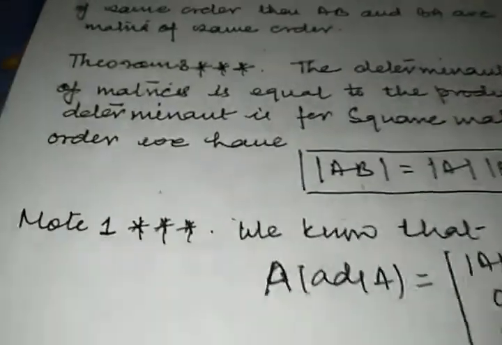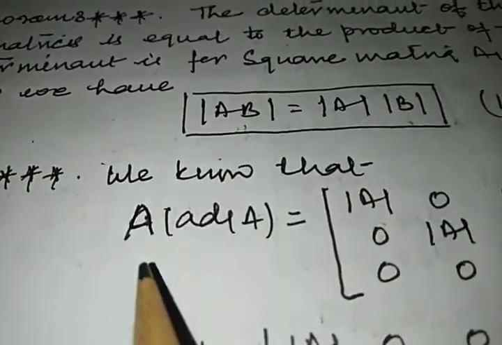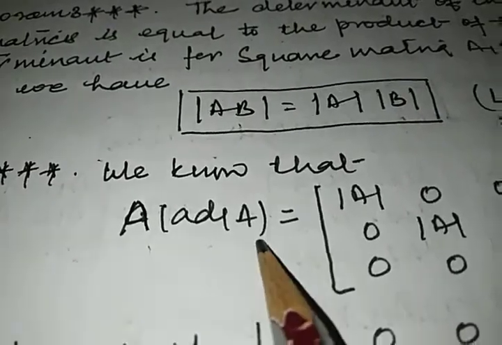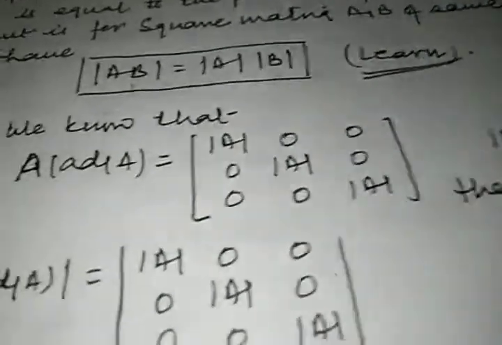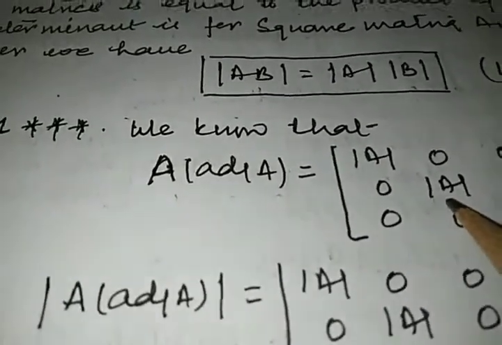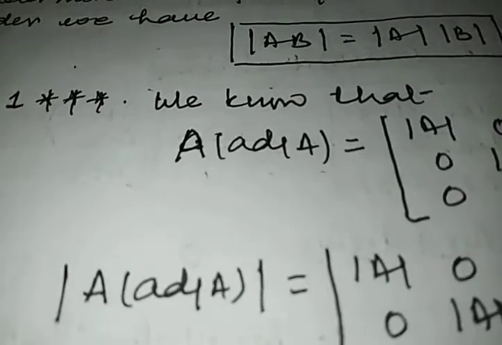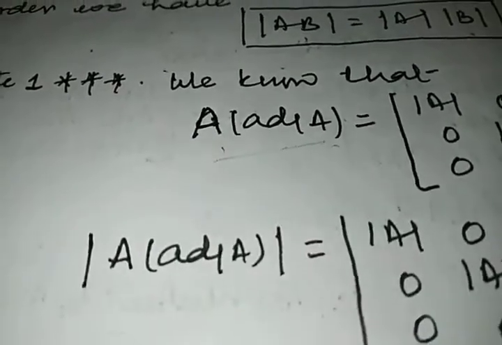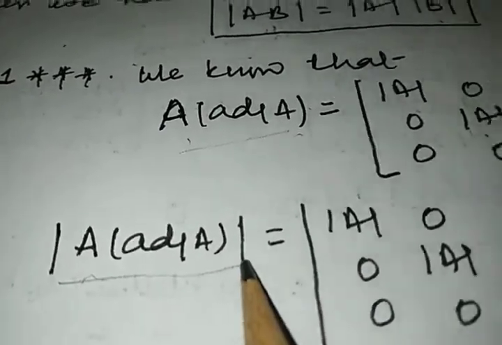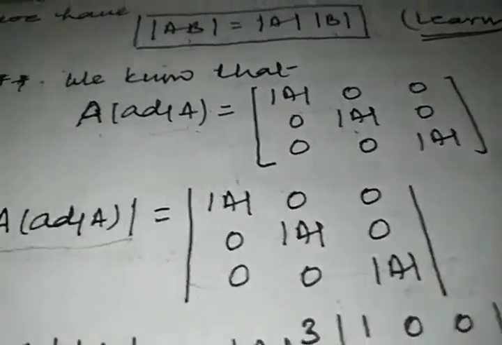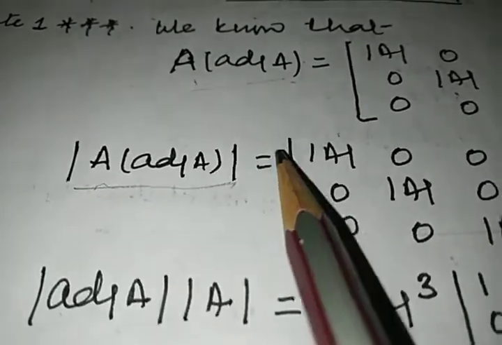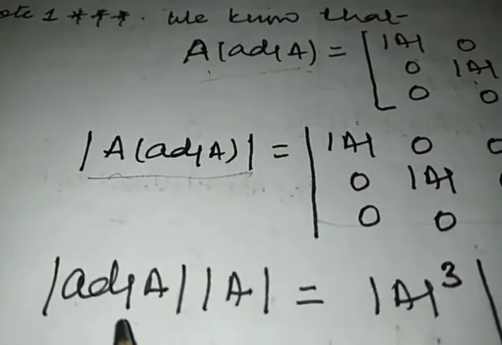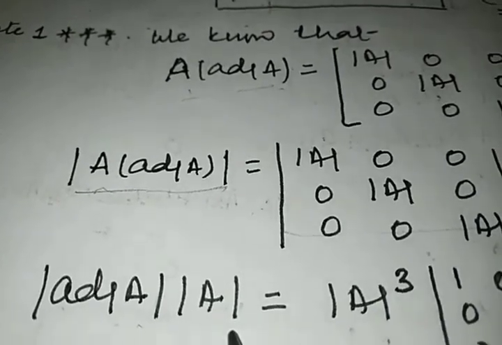Okay, now see, A into adjoint A, just now we have done like this. Now, if we take the determinant of this, and this is a matrix, then A adjoint A is equal to adjoint A into A by the property above.